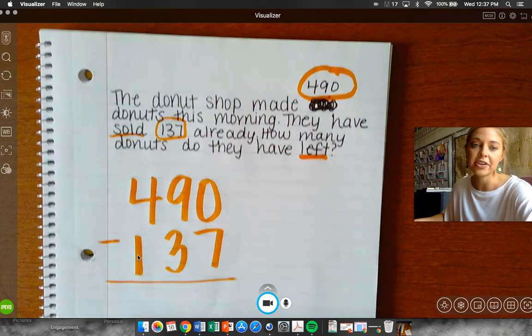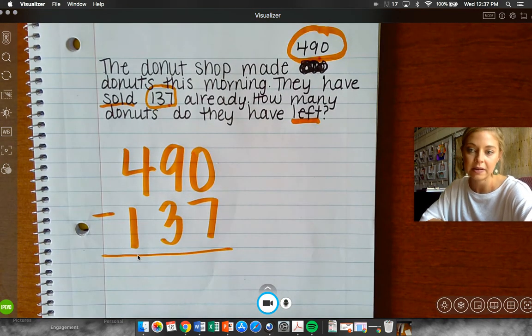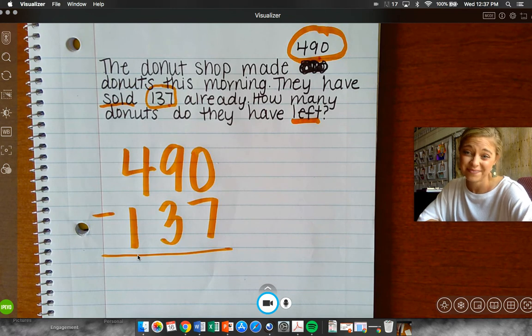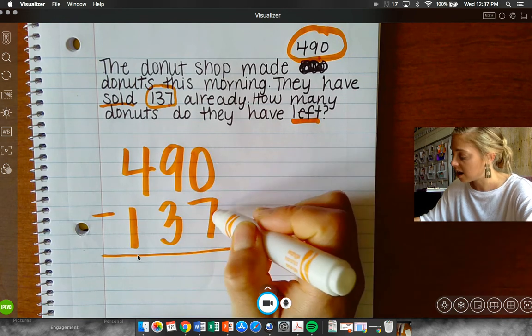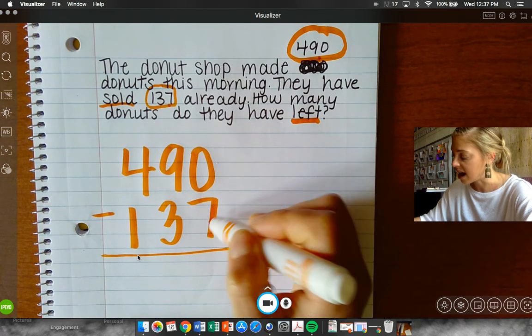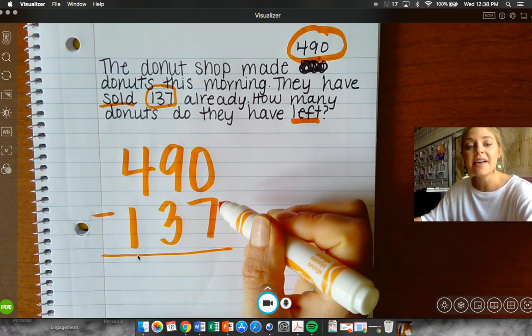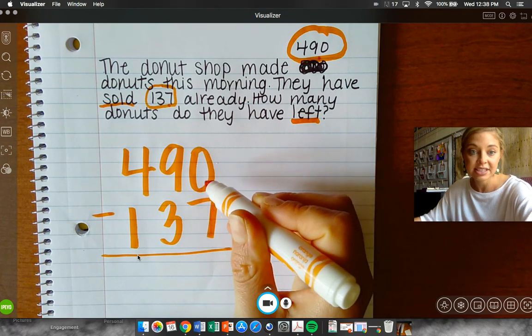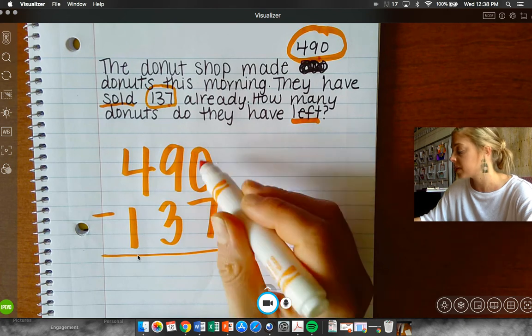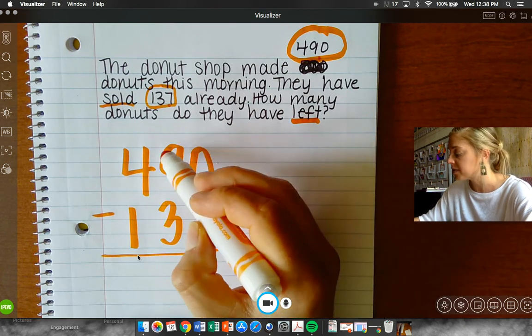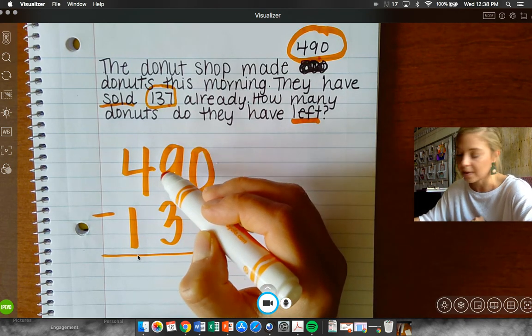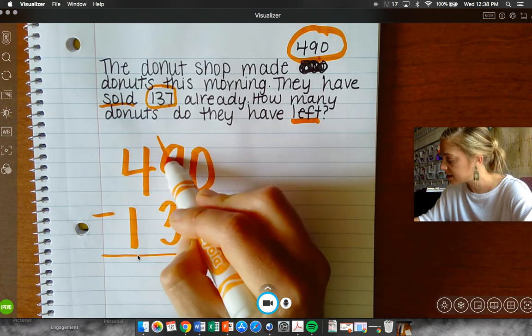Well, I always start in the ones place, 0 minus 7. I cannot do that. That is not doable because our bigger number here, the 7, is on the bottom. Now, even though 490 is the bigger number overall, 7 is bigger than this 0 in the ones place. So that's a big bottom problem. I have to go over to the tens place, knock on their door, and ask them to borrow a 10.